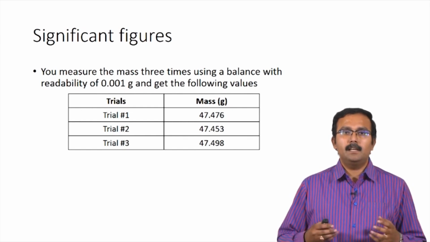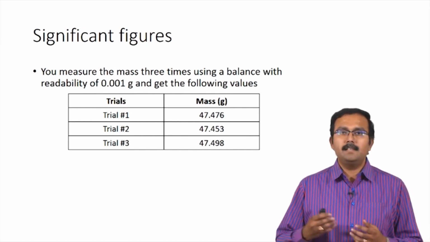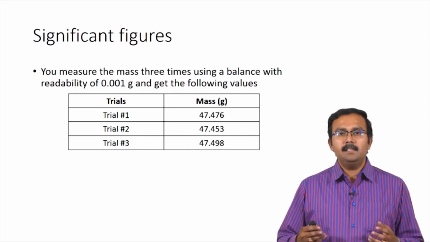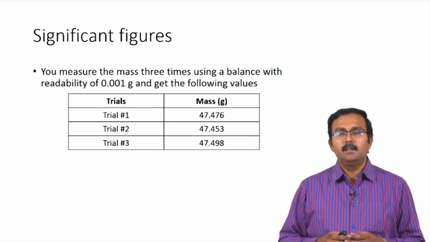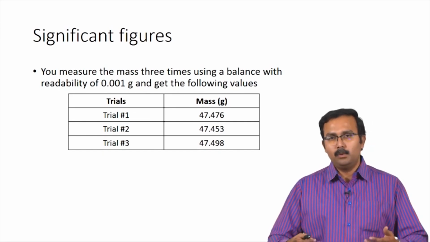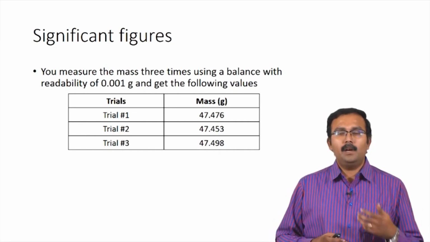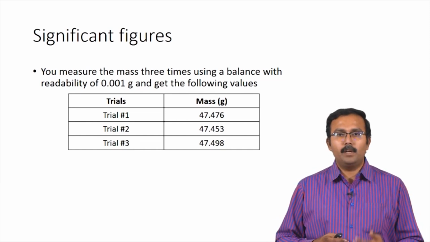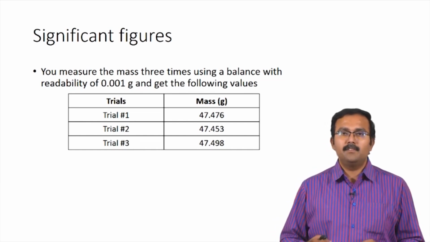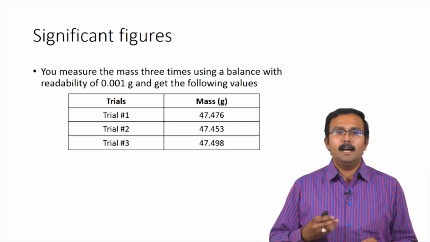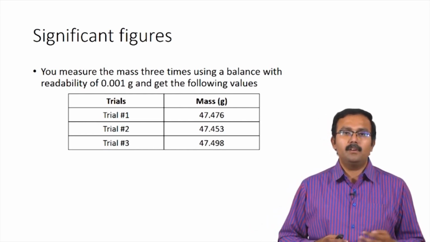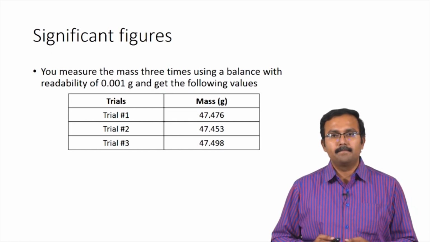When you are measuring the mass of some substance 3 times using a balance with a readability of 0.001 grams, you will probably get values like this. Trial 1 has given you a value of 47.476, trial 2 has given you a value of 47.453 and trial 3 has given you a value of 47.498.